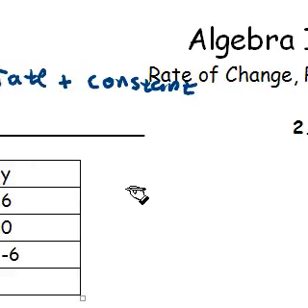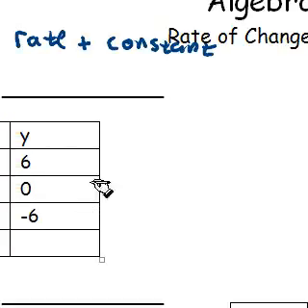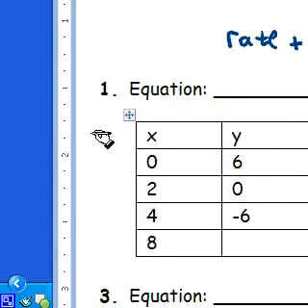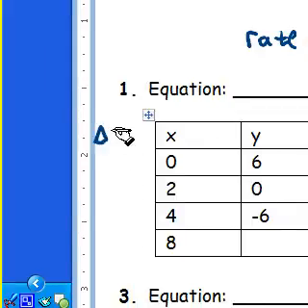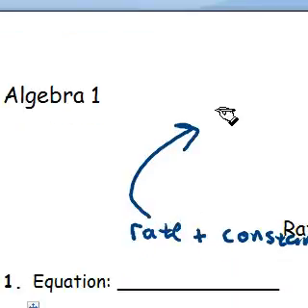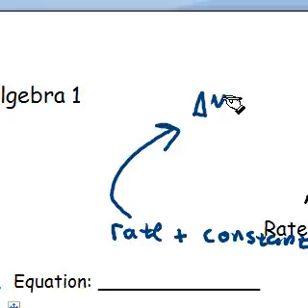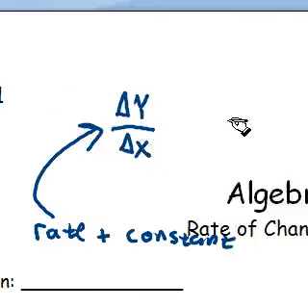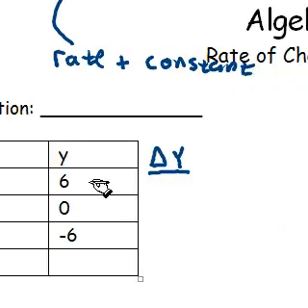What we do is we figure out what y is increasing by each time. So we need to take a look at our change in y, and we also need to take a look at our change in x. And our rate is given by change in y divided by change in x. Okay, so let's take a look here.